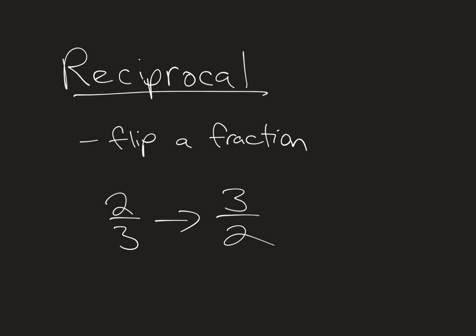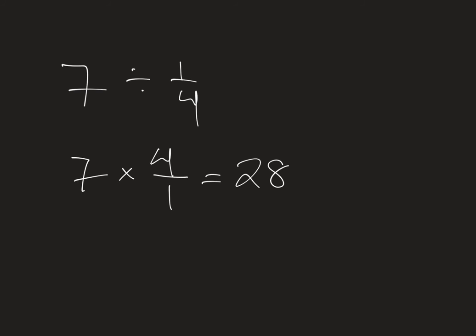And the reason we talk about reciprocals is because when we're doing a problem like 7 divided by 1/4, it's like we're starting with 7 and multiplying by the reciprocal of 1/4, which is 4/1. And we're just multiplying 7 times 4, which is 28.